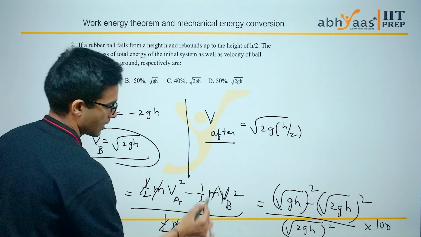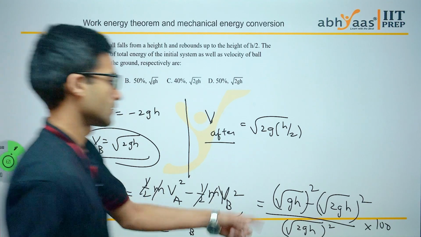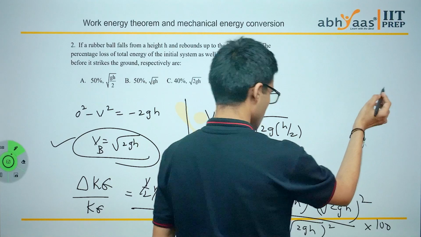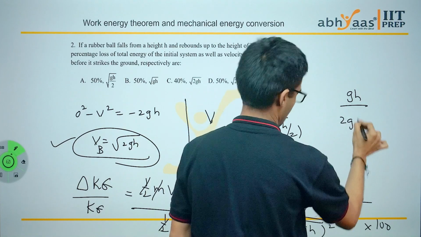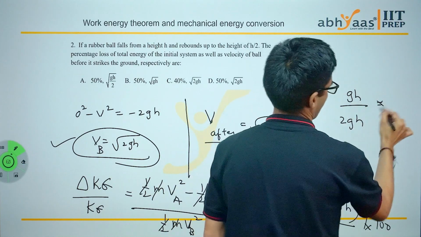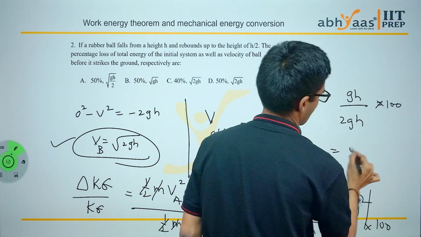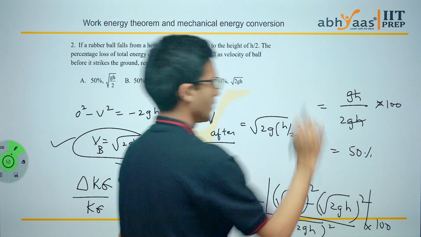So that's why I am writing directly vB² here. So gh, what happens? 2gh minus gh is gh by 2gh. You can take the modulus, into 100. So what is the answer? 50%. gh cancelled, you will get 50%.